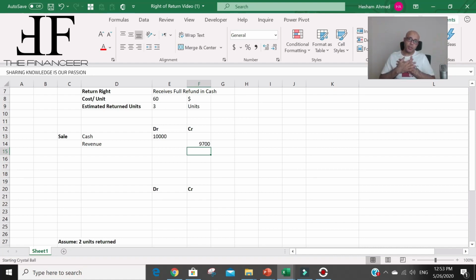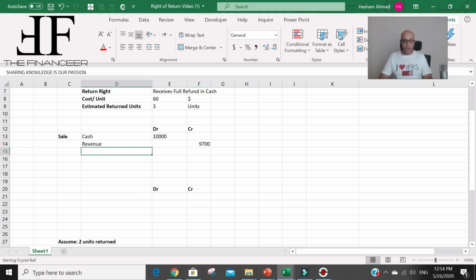So the cash that I receive today, I will consider it as a refund liability, because I received cash and I'm going to return it again to the customer. I'm going to refund the customer again once the customer returns these 3 units. So I'm going to consider today a refund liability in the first day of the transaction, because I received cash that will be refunded later on to the customer if the customer returns these units to me.